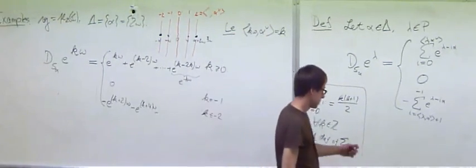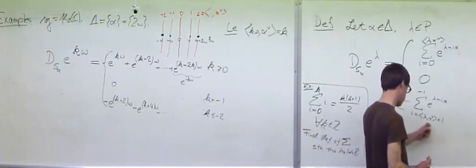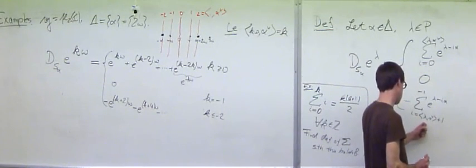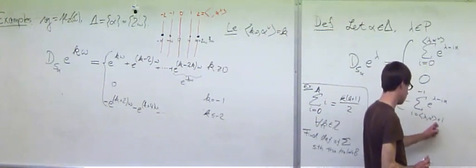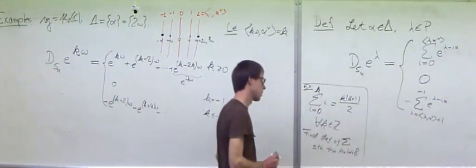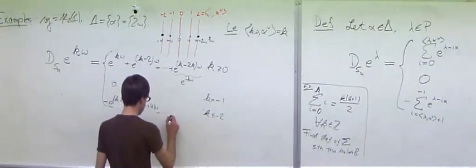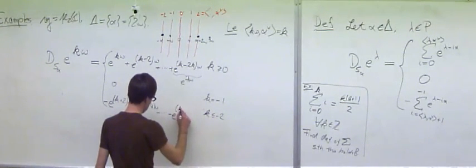And what's the first summand, the way I wrote it down here? That's lambda alpha check plus 1, so it's k plus 1. So it's minus e to the k.